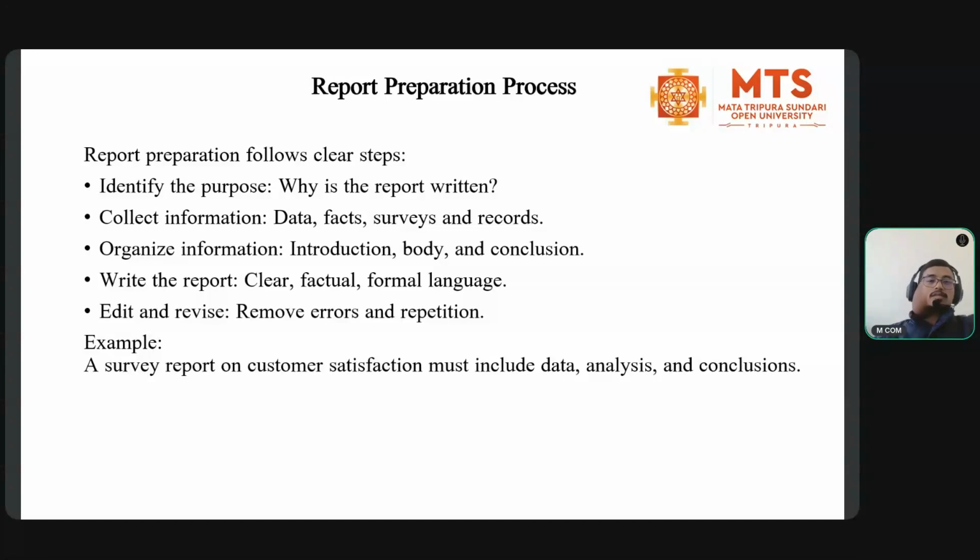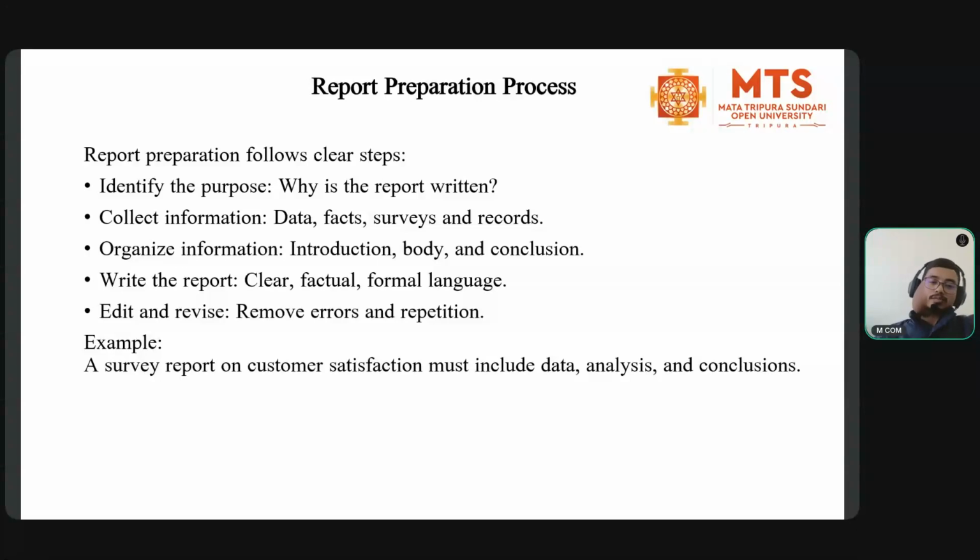The second step is collecting information. Information may come from records, documents, surveys, interviews, or observations. The data collected should be accurate and relevant. The third step is organizing the information. Information should be arranged logically under headings such as introduction, main body, and conclusions.